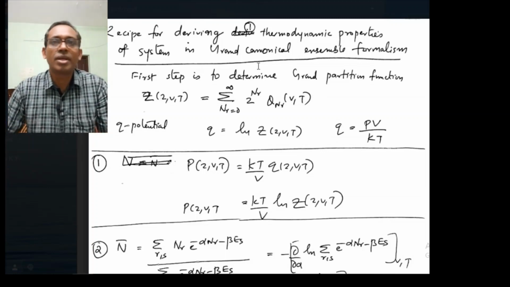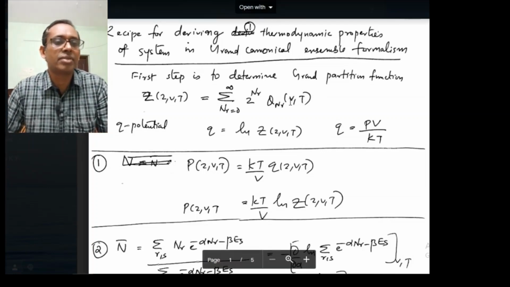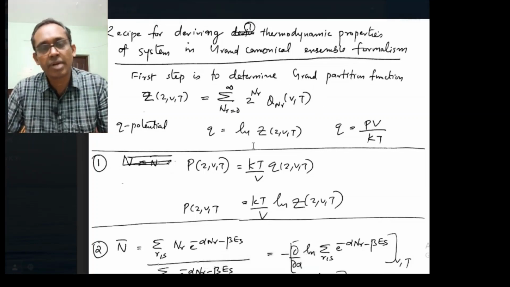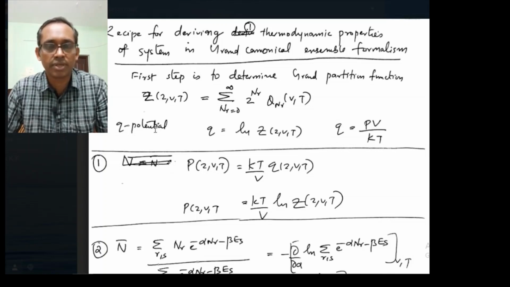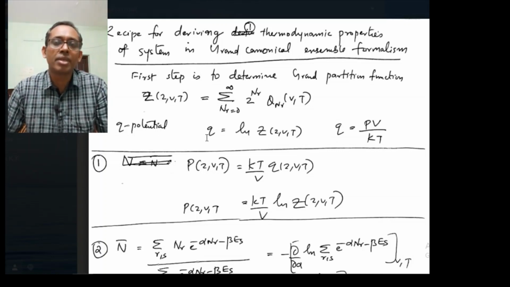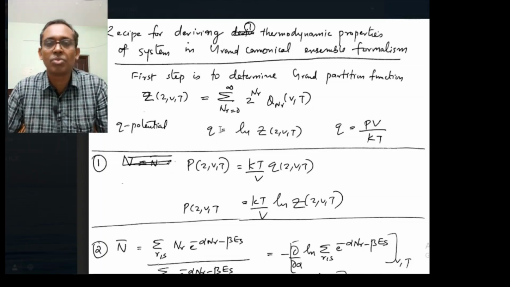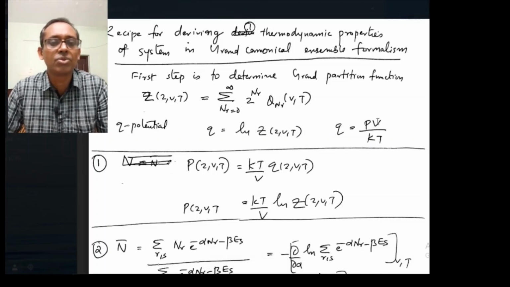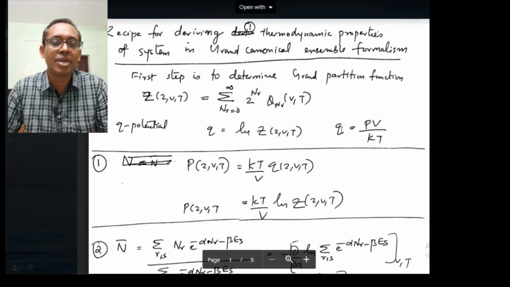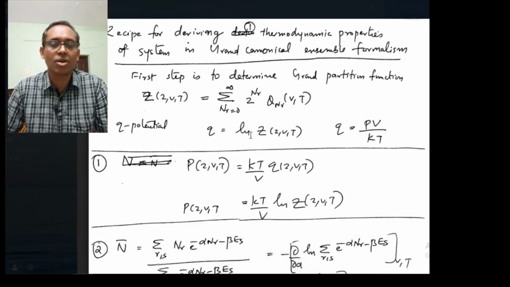So this is how we calculate the grand partition function, and from the grand partition function we can calculate the Q potential, a very important quantity that we define in the Grand Canonical Ensemble. That is the log of the grand partition function, and we saw Q is equal to PV by KT. So PV by KT is the Q potential, that is the log of the grand partition function.